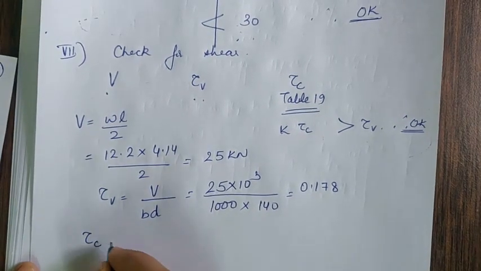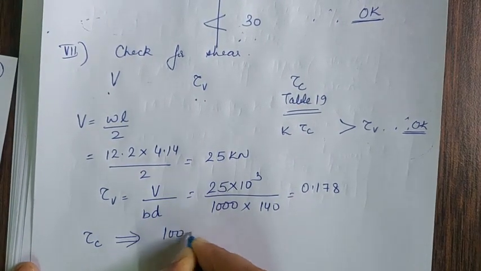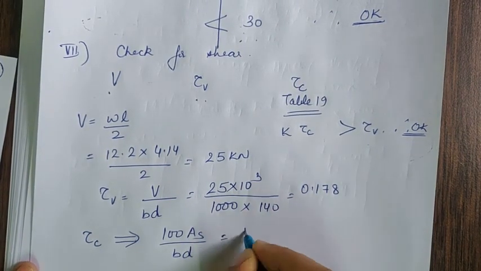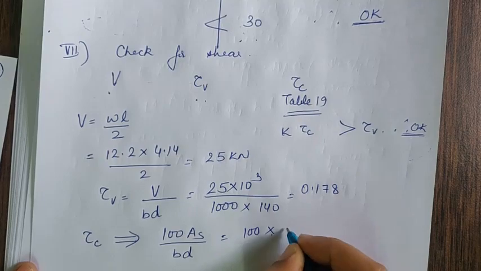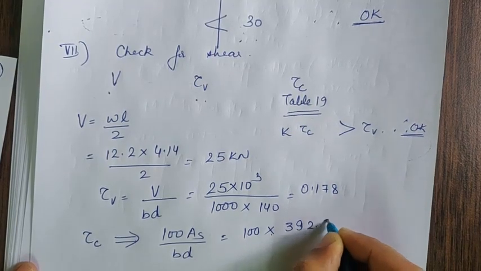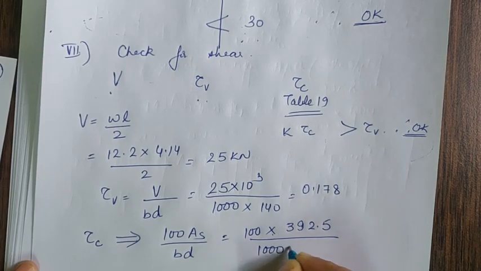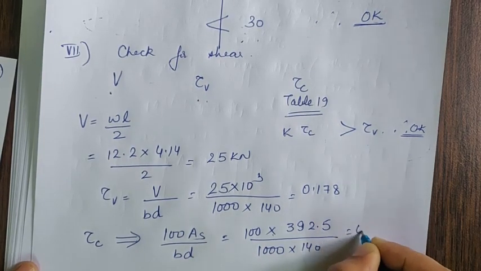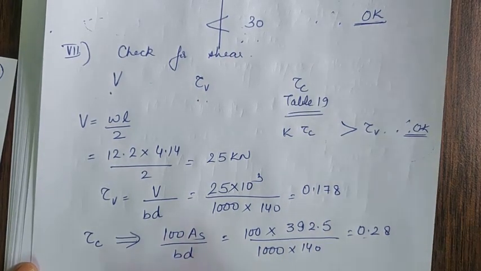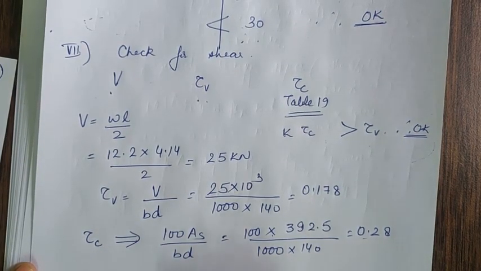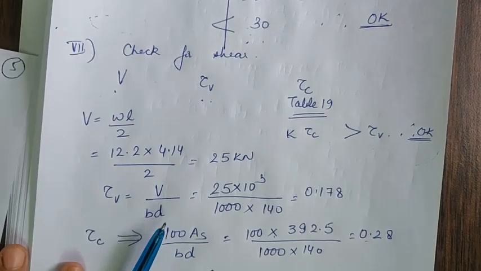Tau C is based upon 100 AS upon BD. So 100 AS, with area provided 392.5, upon 1000 into 140, that is 0.28. So tau C, by using table 19, I just showed you the table.